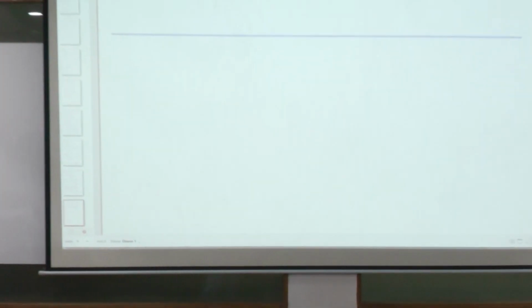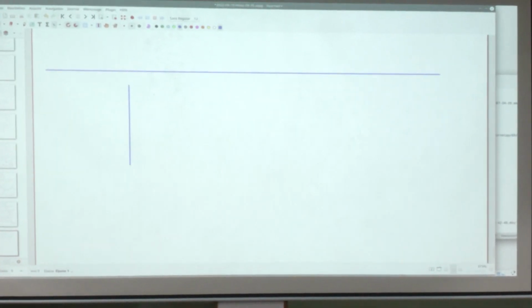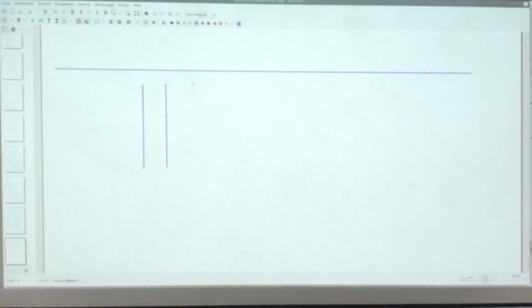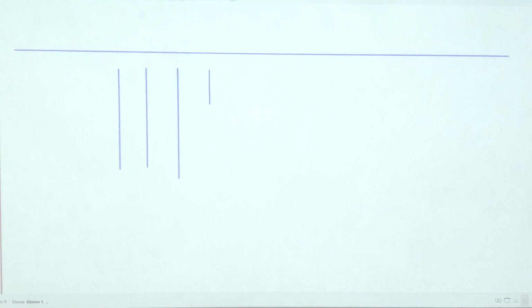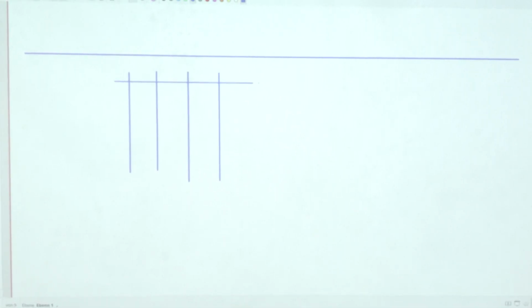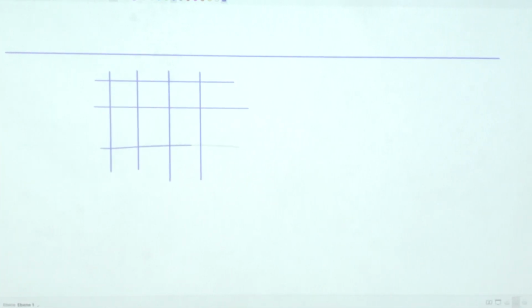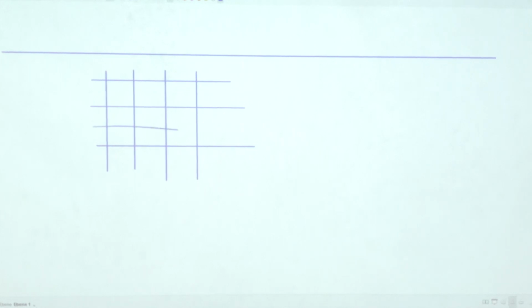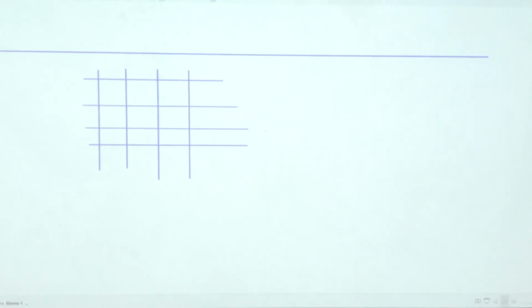Let's assume we have a binary system on a rigid lattice. So we have a crystal like this. It's not very periodic, but anyhow. So we have A atoms and B atoms sitting on this crystal.